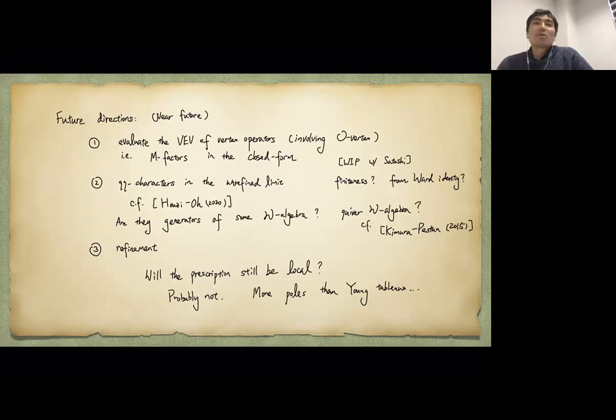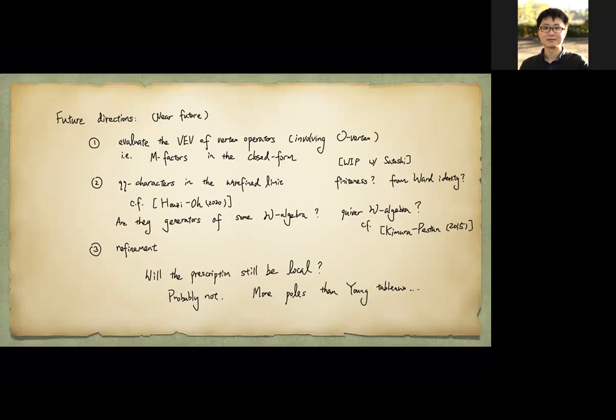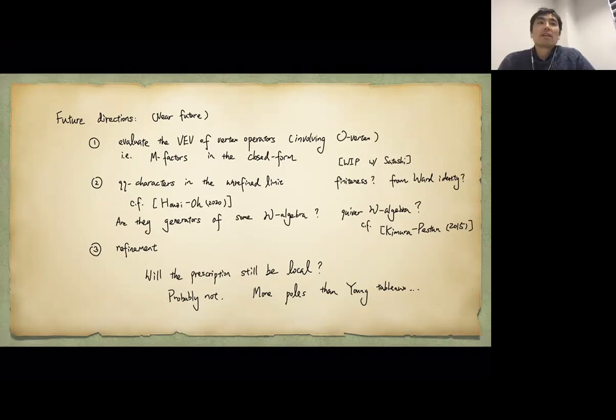I can make a comment. At unrefined level, this result, Rui-Dong's result, actually coincides with the ADHM localization result. At the unrefined limit, you have a one-to-one correspondence of poles with Young tableaux in the ADHM formula. However, if you try to refine the result, if you do the JK residue, lots of poles appear other than Young tableaux.